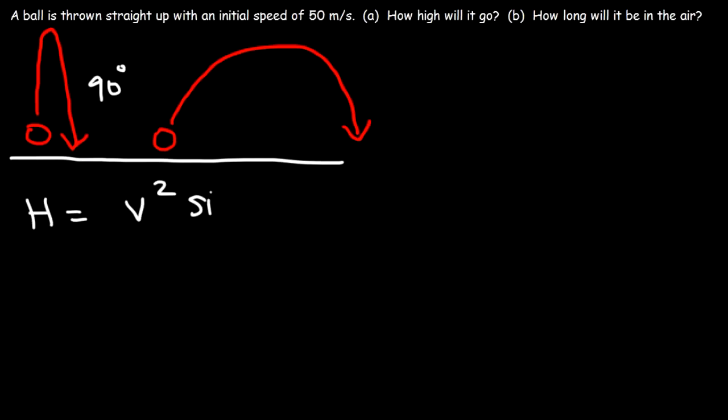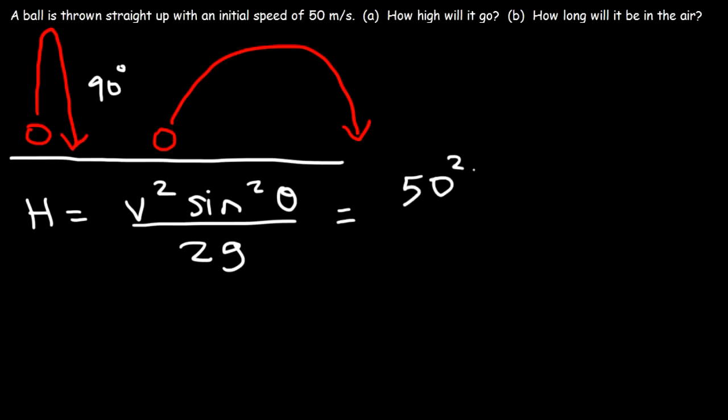That is v squared sine squared theta divided by 2g. So v is 50 times the square of sine 90 divided by 2 times 9.8.